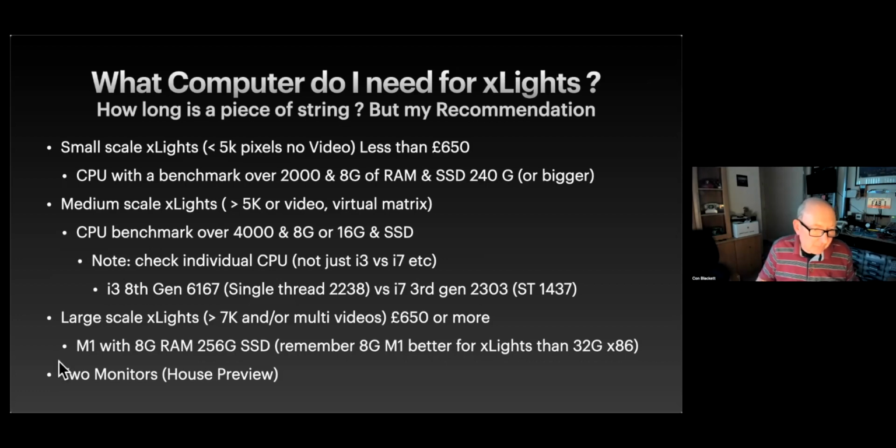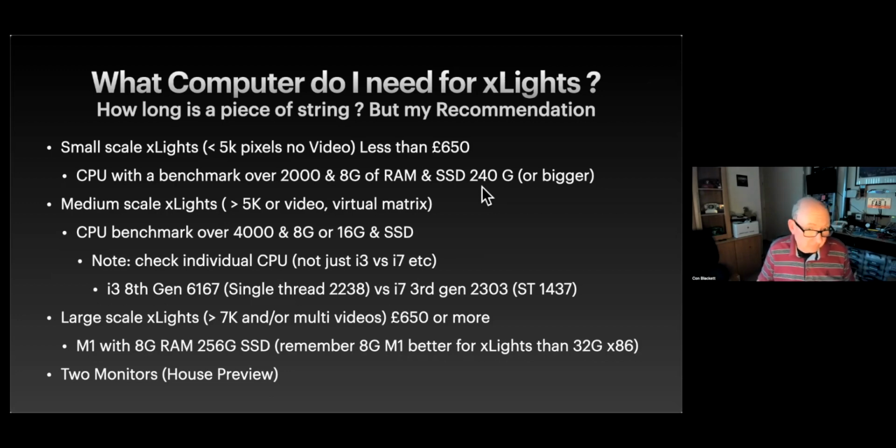The figure I've found is if that benchmark is over 2,000, then generally for most people, unless you're Ron or somebody who's doing a lot of xLights work, that's going to be enough. And again, as a generalism, 8 gig of RAM and an SSD of 240 gig or bigger.